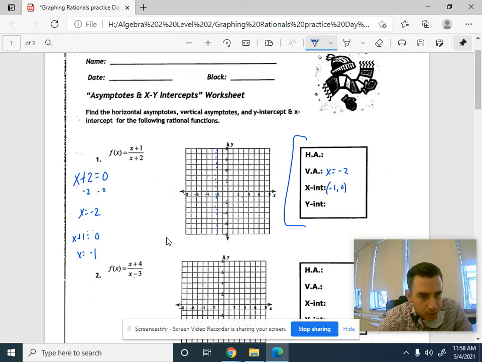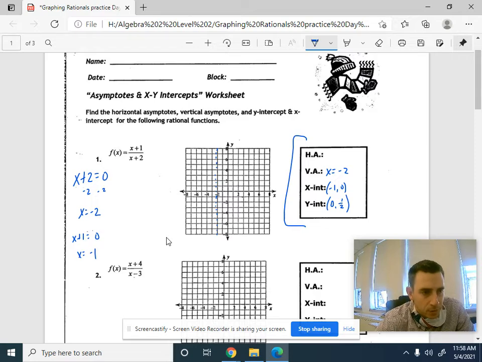The y-intercept occurs when you plug 0 in for x. If we just covered up the x's, we would get 1/2. So in other words, 1/2. Now the horizontal asymptote is probably the most difficult one because there's a couple different cases.